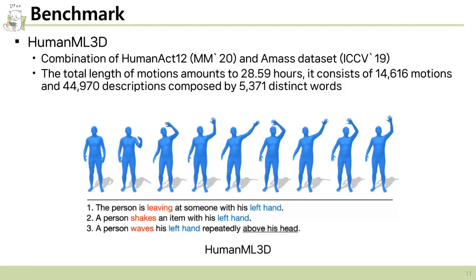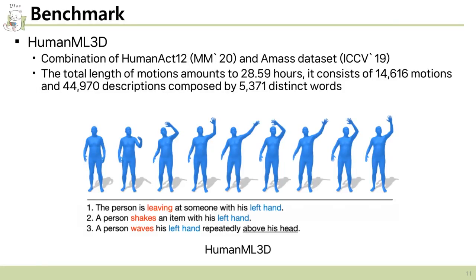Let's now look at the datasets used to evaluate ParCo. The first is HumanML3D. HumanML3D combines the HumanAct12 and AMASS datasets. It includes 28 hours of motion data and consists of 14,616 individual motions paired with 44,917 descriptions.